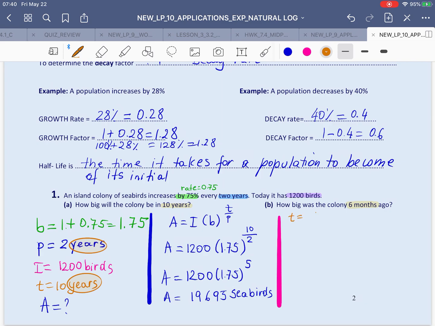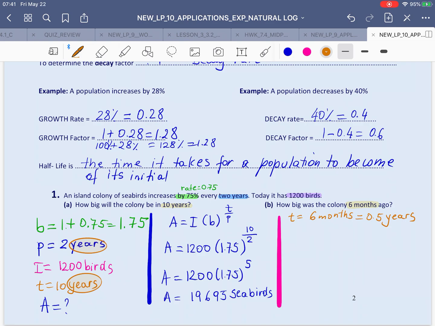Okay, 6 months ago means that we are given that the time is 6 months. Remember how we said that we need to convert to same unit measurements? So we either convert 6 months into years or the 2 years in here into months. I'll convert 6 months into years. It's not too difficult. So I'll write in here 0.5 years.